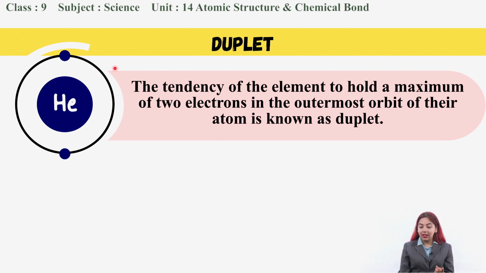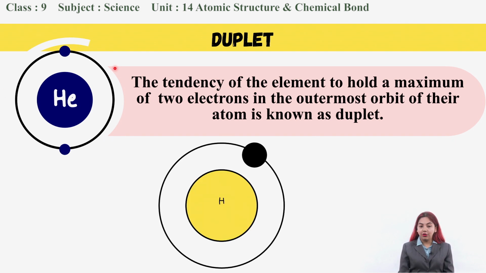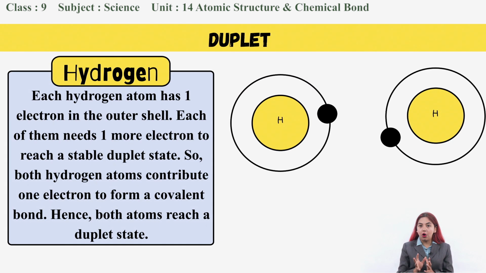Now let us take another example, hydrogen. Hydrogen has a single electron in its outermost orbit. So to reach a duplet state, it needs one additional electron in its outermost orbit. Another hydrogen atom also has the same thing: only 1 electron in its outermost orbit.